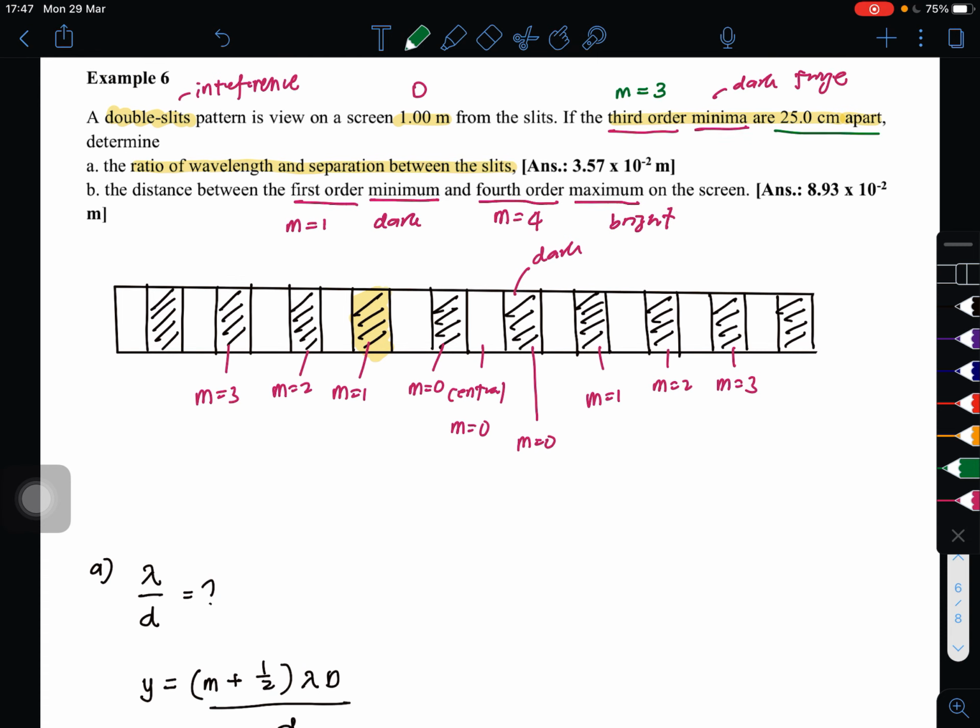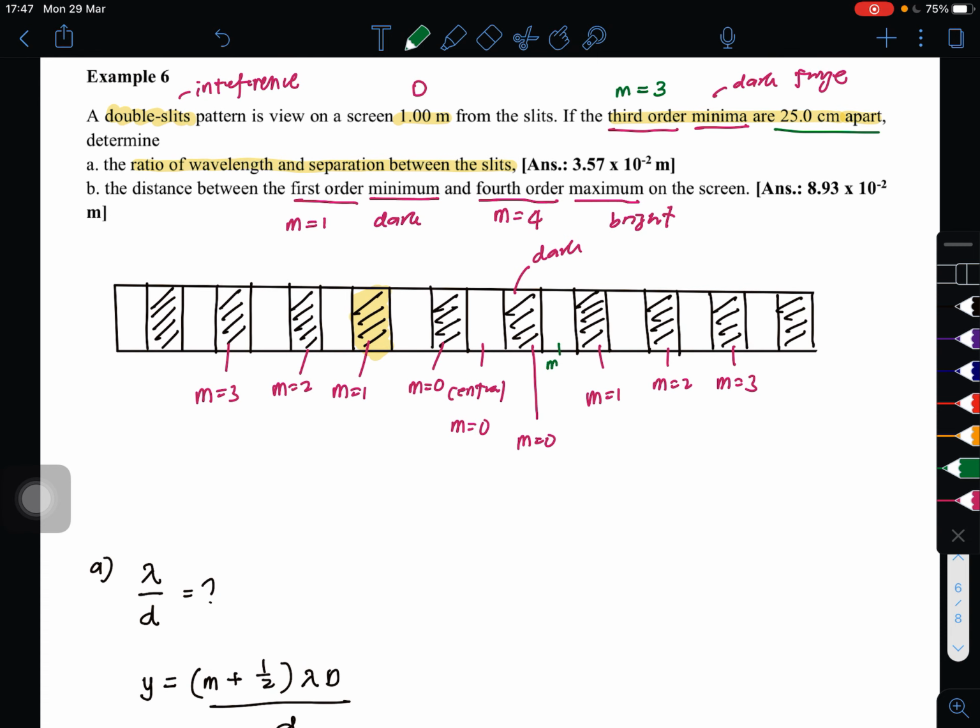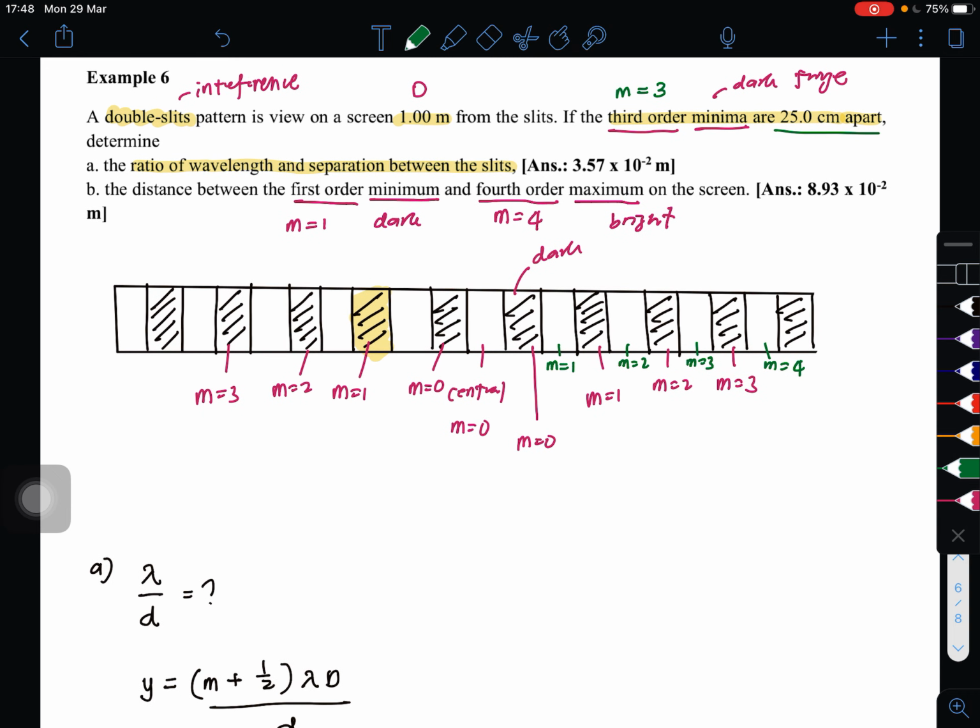Okay, kita belum label. So ni bright ni M sama dengan 1, M sama dengan 2, M sama dengan 3, M sama dengan 4. And dekat sini pun sama, M sama dengan 1, M sama dengan 2, M sama dengan 3, M sama dengan 4, M sama dengan 5. So dia minta distance daripada M sama dengan 1 dark and distance M sama dengan 4 untuk bright.